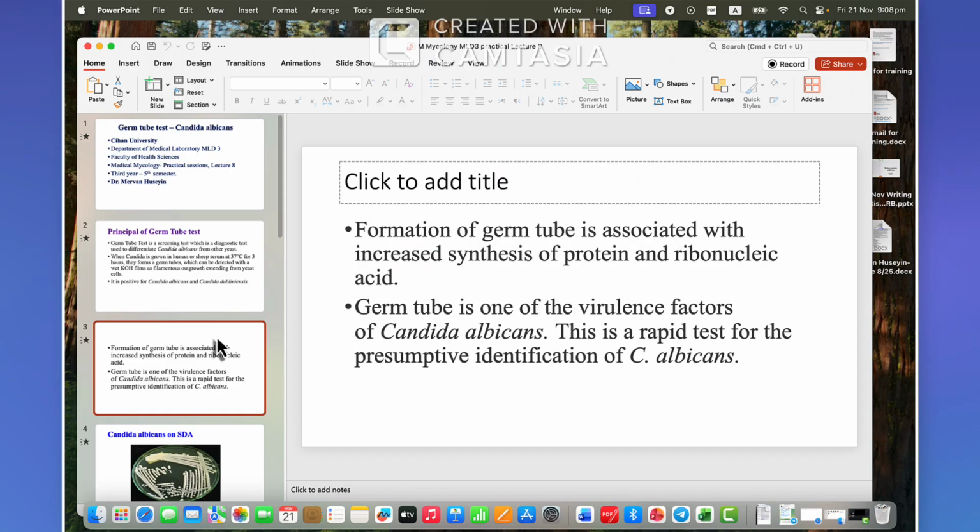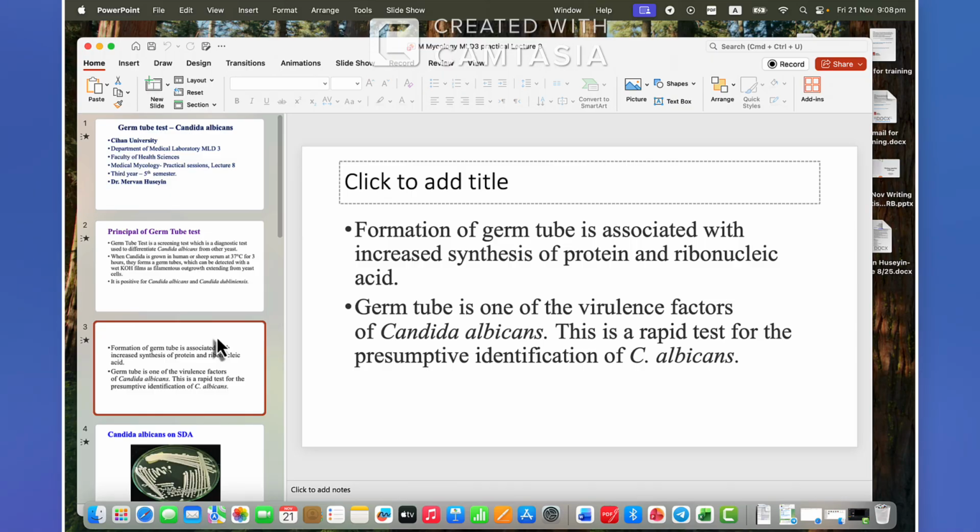Why does Candida albicans form a germ tube? It is associated with the increasing synthesis of protein and ribonucleic acid. This is the answer of why they form germ tubes.